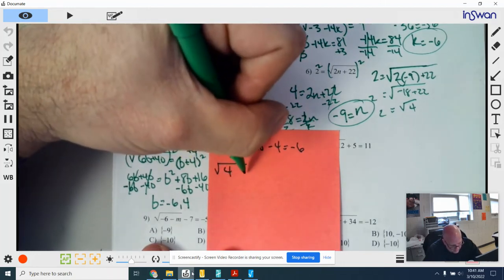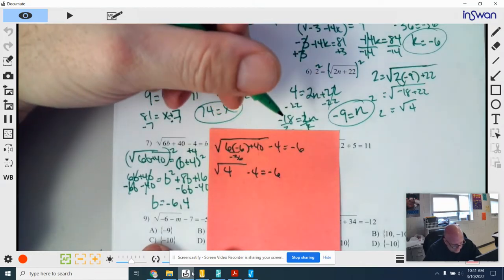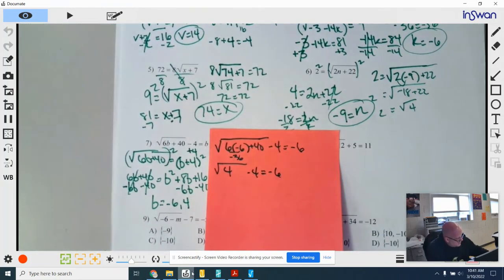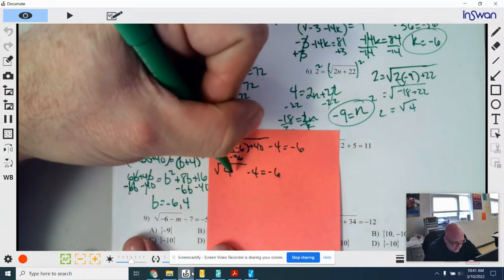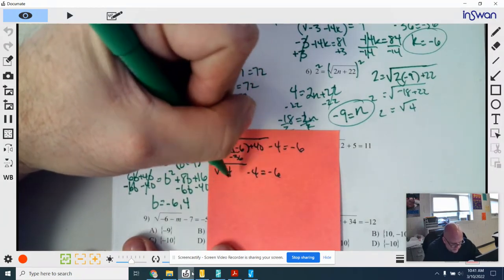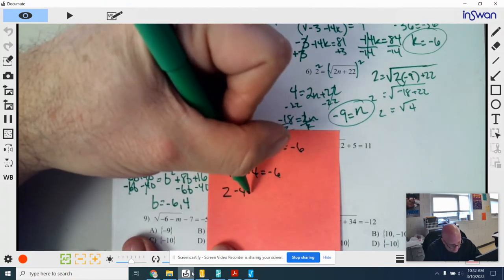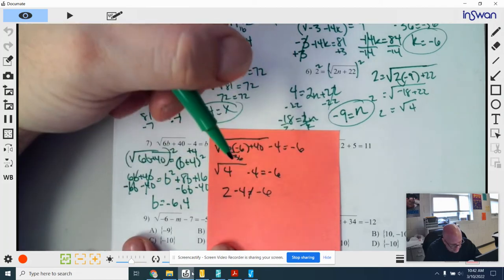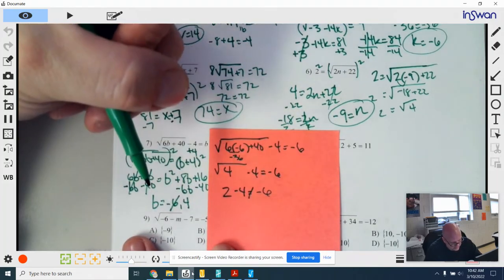So the square root of 4 minus 4 equals negative 6. And again, when we are doing these, we are only worried about the positive root that comes out of here. So the positive root of 4 is 2. And 2 take away 4, that is not negative 6. So negative 6 is an excluded value.